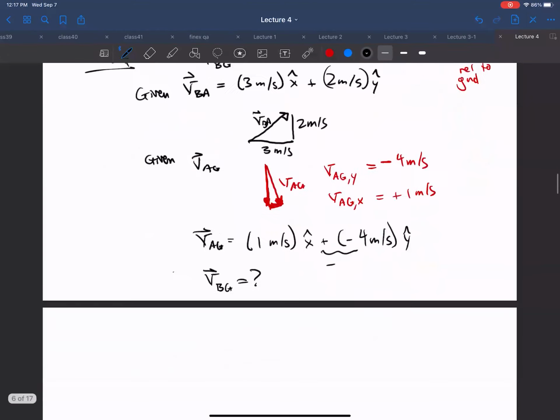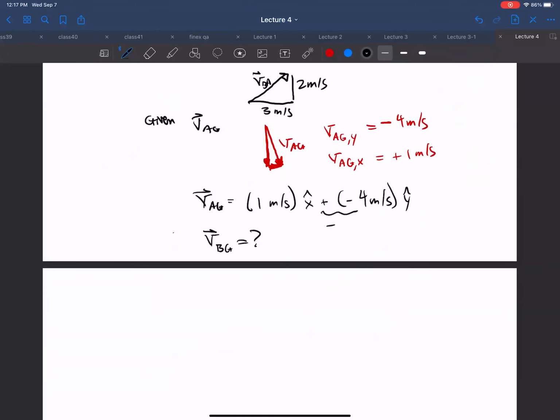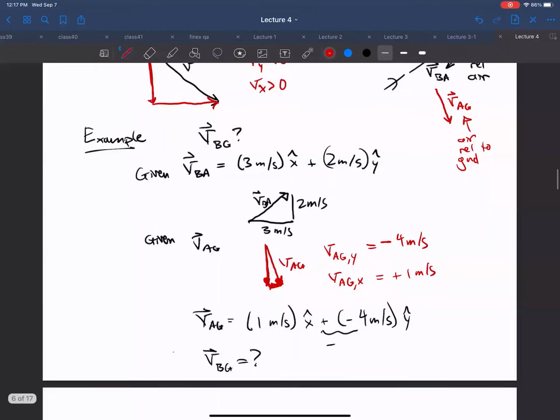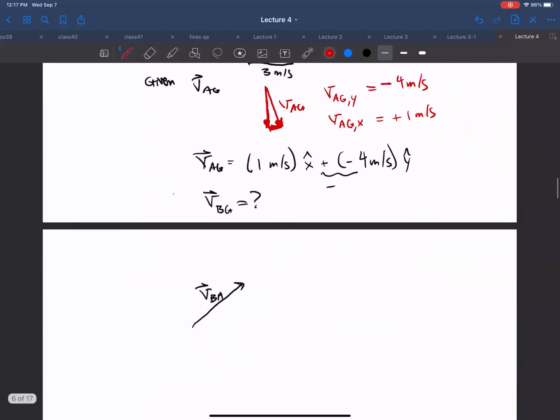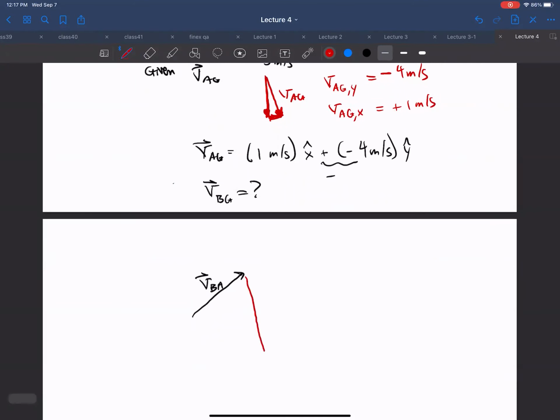And before I release you to do this problem on your own, let's show that graphically. So let's do this tip to tail addition first. So here is VBA. And here is VAG. Let me get my numbers right. So this is supposed to be much longer like this, VAG.